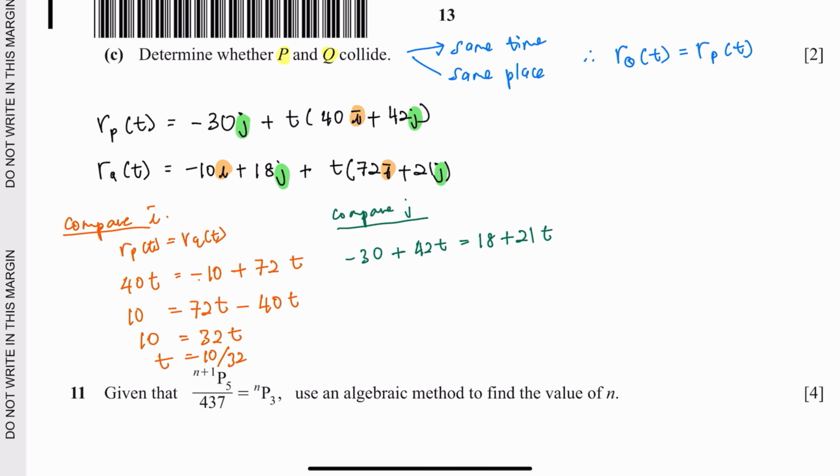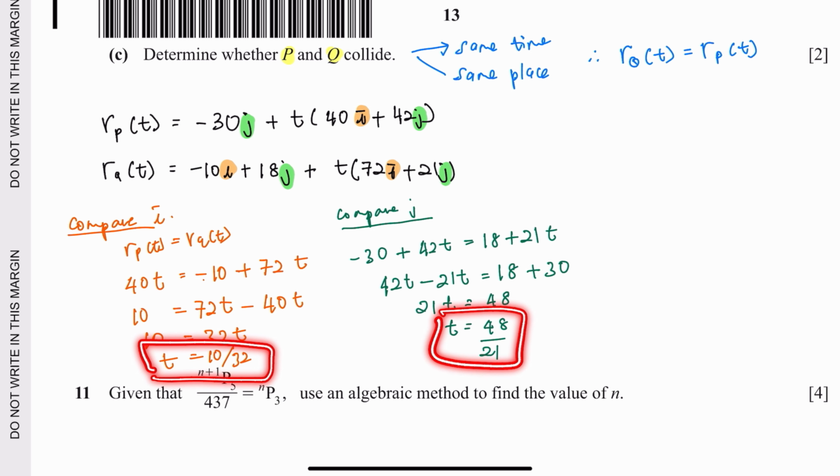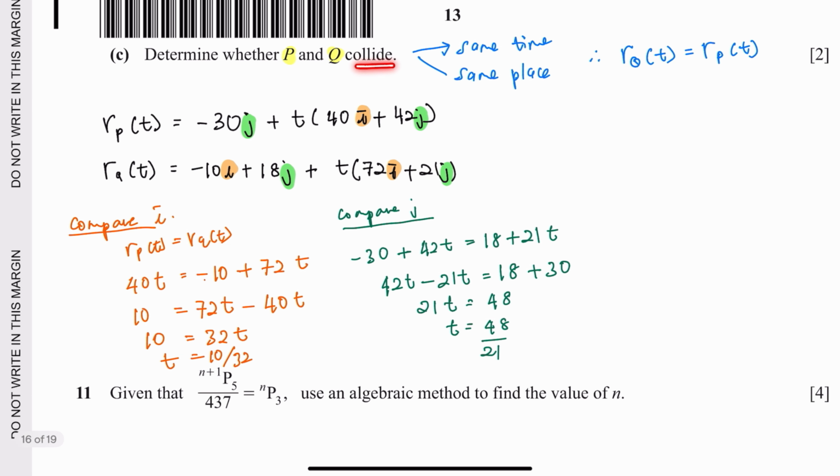Let's solve t for the j component. 42t minus 21t is going to be equal to 18 plus 30. 42 minus 21 is just 21t. 18 plus 30 is going to be 48. t will be 48 over 21. Now we know the time is different. We can say that it will not collide because they do not equal each other.